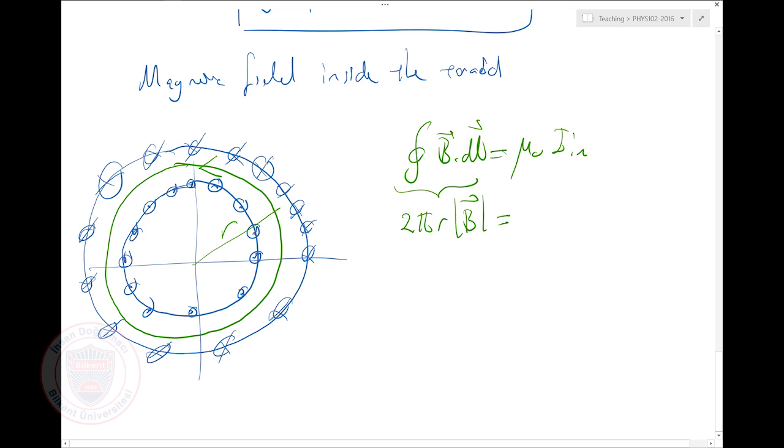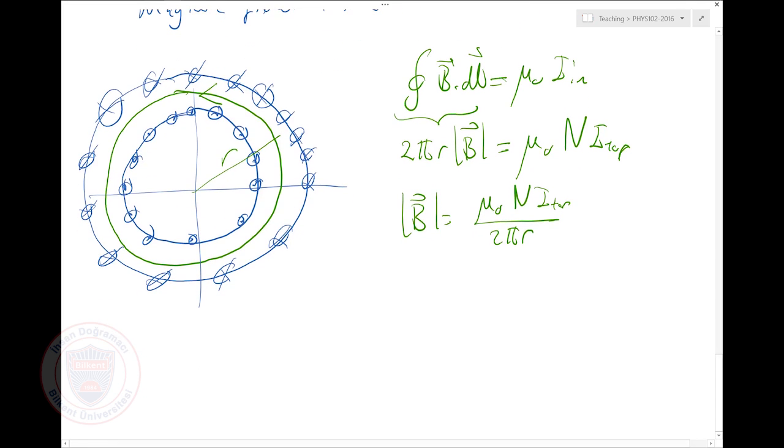But what's the total amount of current that's passing through my Ampere loop now? It will be N times, all the windings of the toroid pass through my loop. So it will be N times what I called I toroid, right? Hey, this is very good. So B magnitude is mu 0 N I toroid divided by 2 pi r.